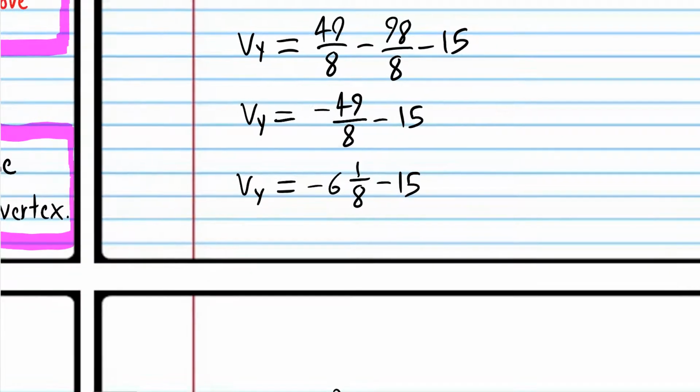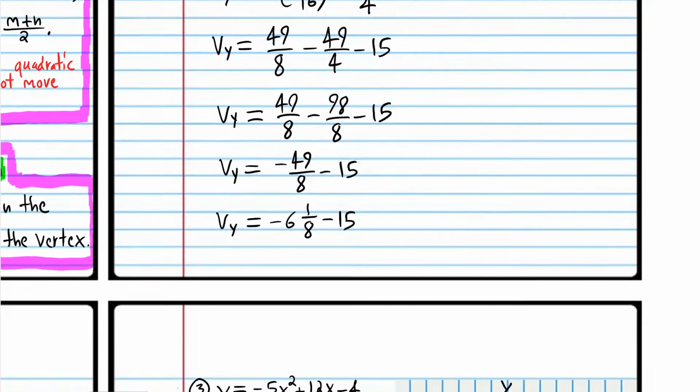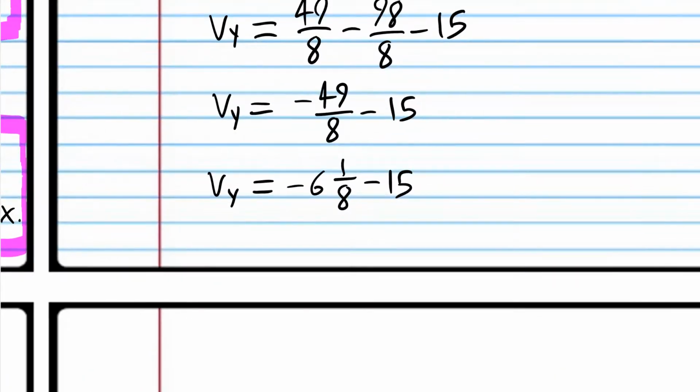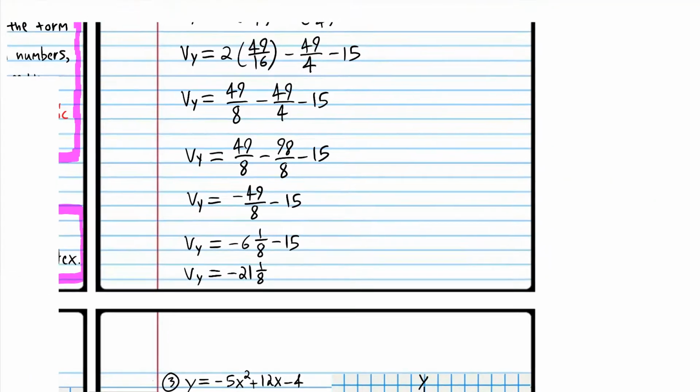And so now, again, if you want practice with that, you can go to my arithmetic course. So finally, the y value of the vertex is going to be, now it's important to understand that both the 6 and the 1/8 are negative. So you can just add the 6 and the 15 to get negative 21, and the 1/8 just goes along with it there.